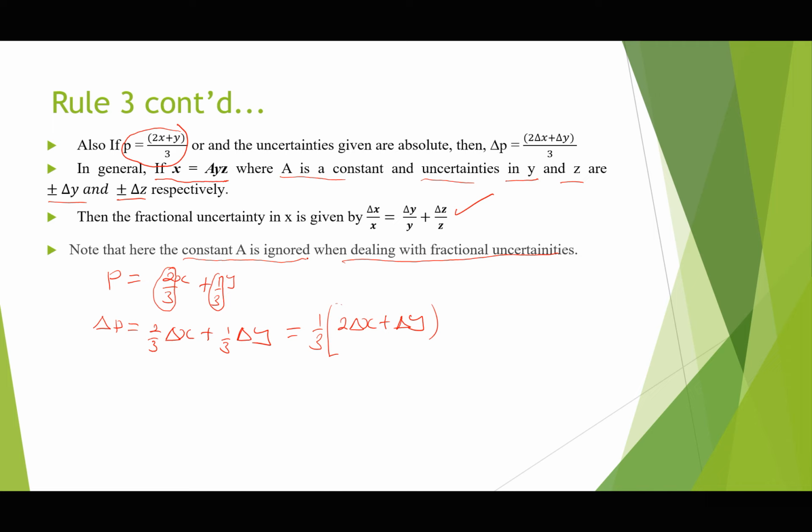But when dealing with the absolute uncertainties, the constant in front is multiplied by the absolute uncertainty of the quantity. I hope that is home and dry.